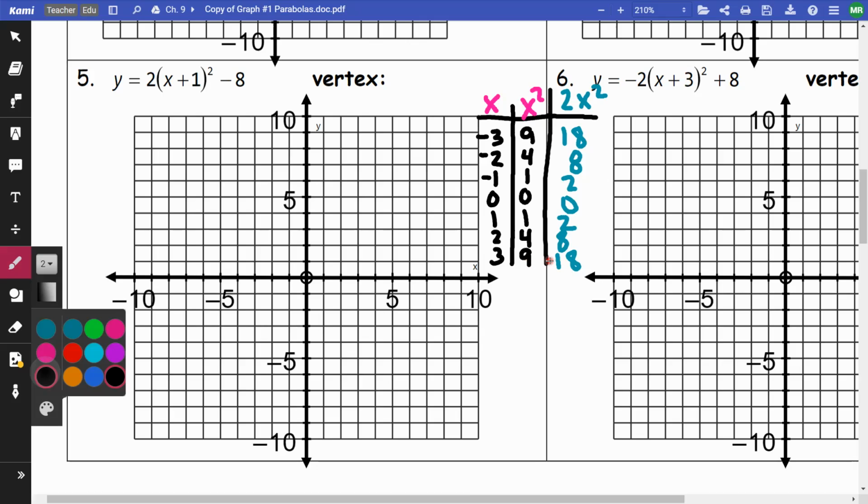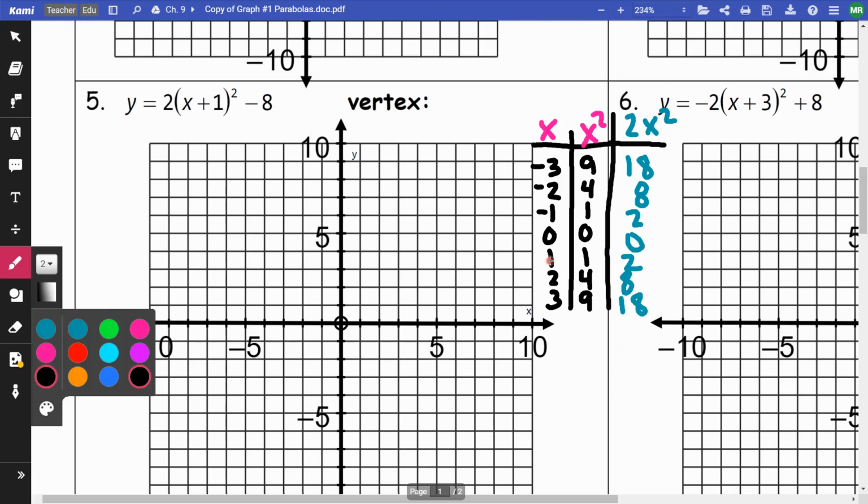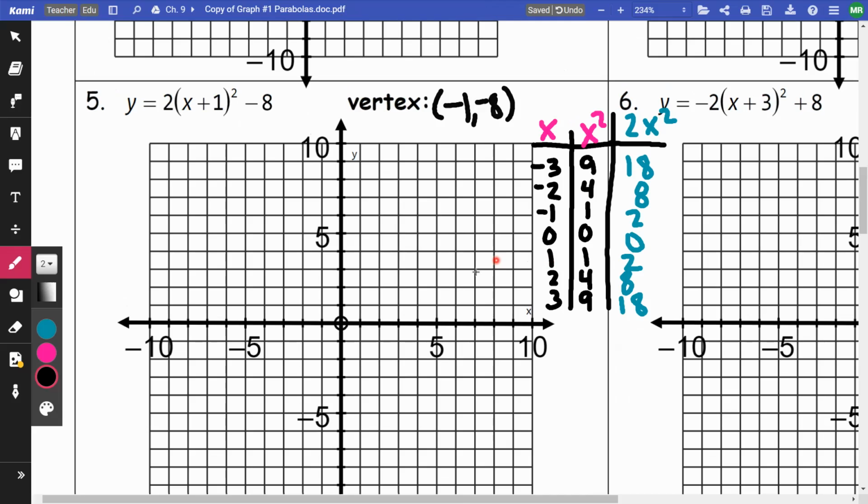So on this problem here, number 5, my vertex is going to be -1 because of the x plus 1. -1 makes that 0, comma, -8. So I am going to go to -1, -8. So -1, -8.